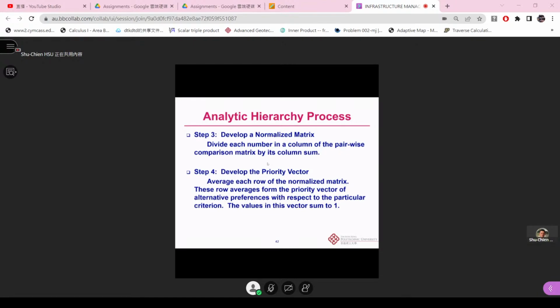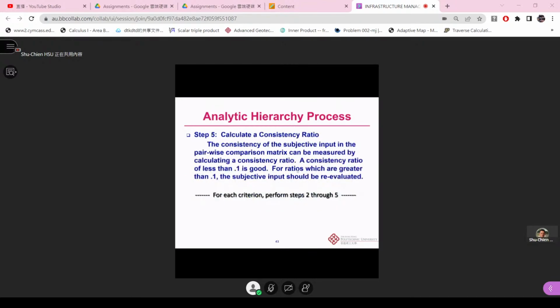This row average gives the priority vector of the alternative preferences with respect to the particular criterion, and the values in this vector should sum to 1. All right, so we normalize it and compute the priority vector, and then we also need to calculate the consistency ratio.